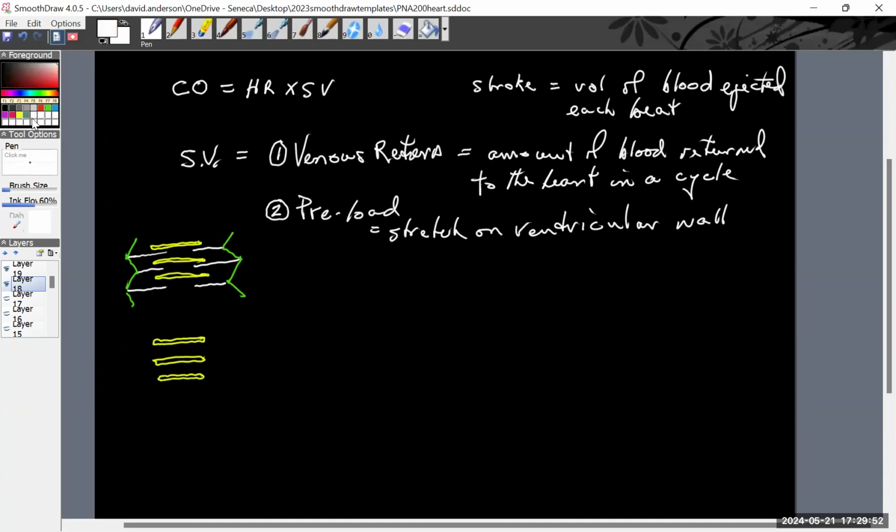But because we put a stretch on the muscle tissue, the thin filaments go out here, and now our sarcomere is lengthened.